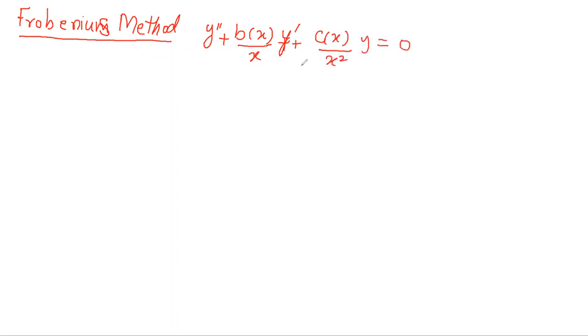In other form, you will multiply this by x square, so it will be x square y double prime plus x b(x) y prime plus c(x) y. So in this equation, these functions b(x) and c(x) are defined at the value of x is equal to 0.